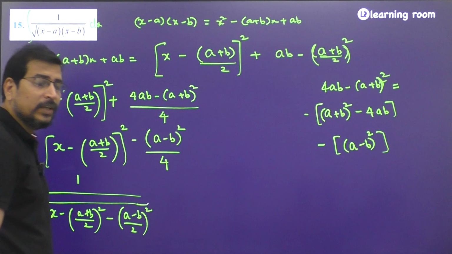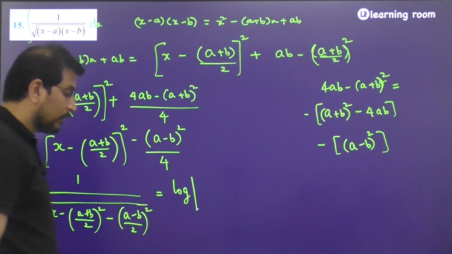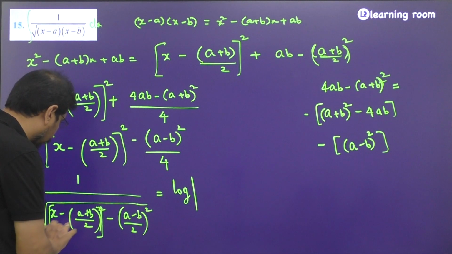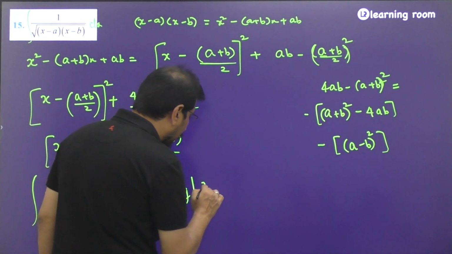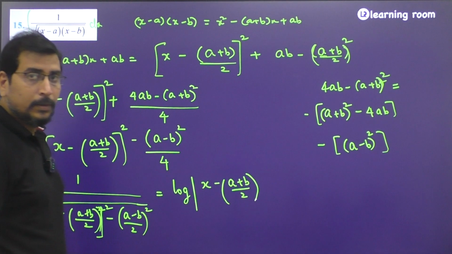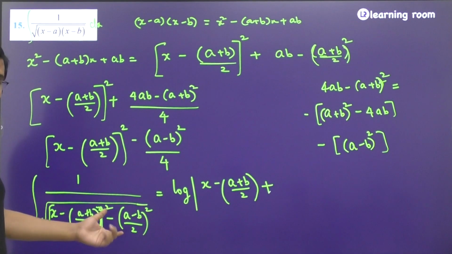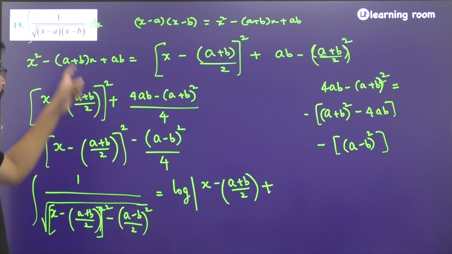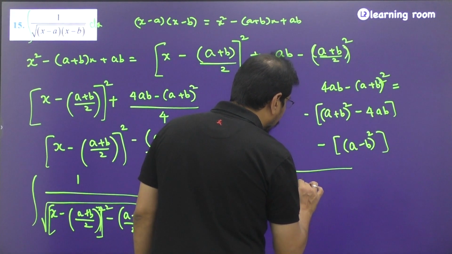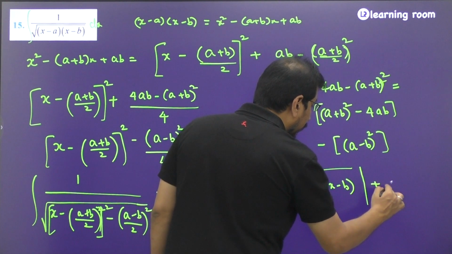So the integral of 1 by root of x square minus a square is log of mod of x plus root of x square minus a square. So x is going to be x minus (a plus b by 2). But remember, root of x square minus a square is nothing but the question itself. So that can be written as root of (x minus a) into (x minus b), and close the modulus, plus c.